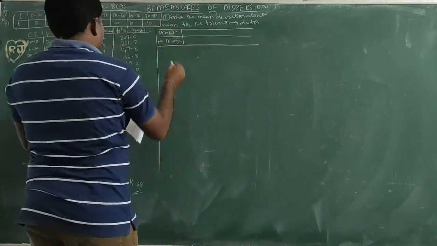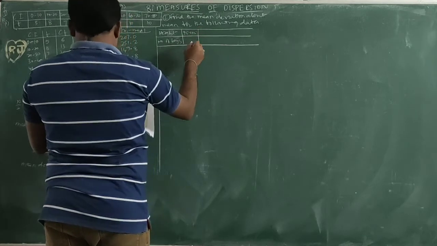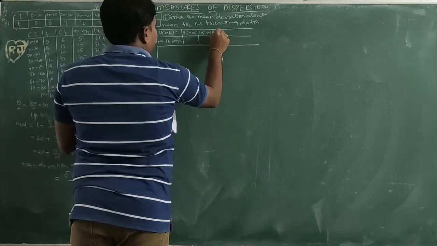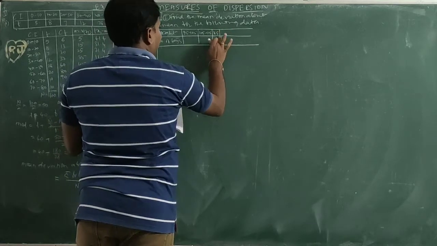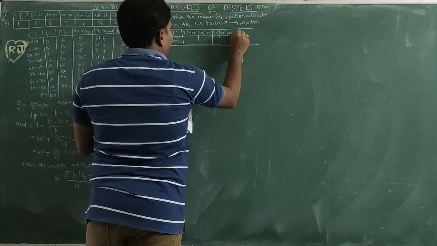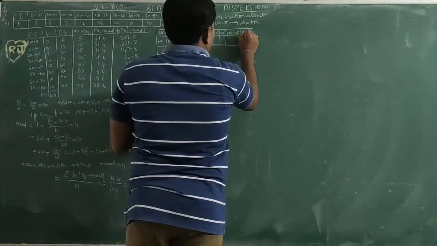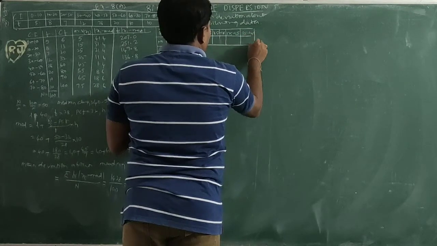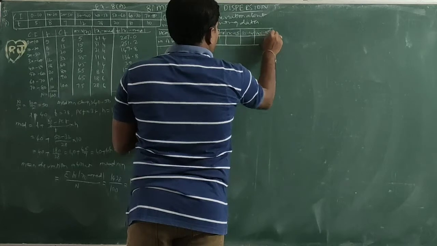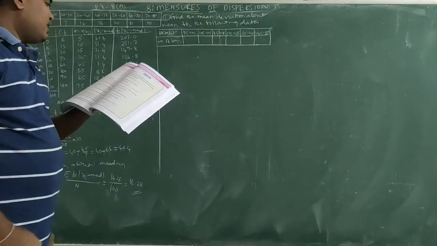First 95 to 105, 105 to 115, 115 to 125, 125 to 135, 135 to 145, 145 to 155. So these are the class intervals.